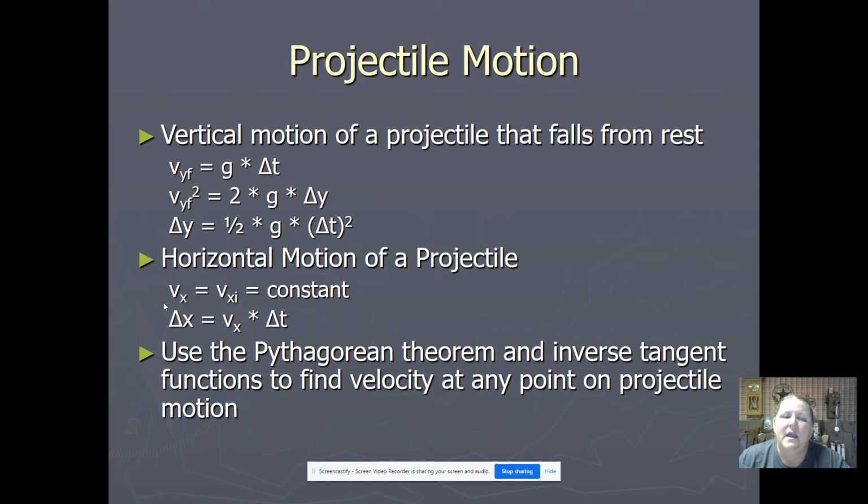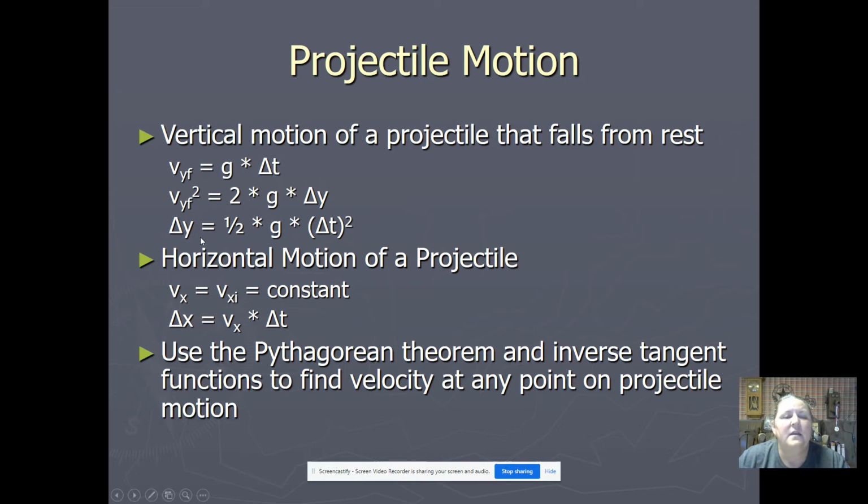Your horizontal velocity is going to be the same as the initial velocity at which it's thrown. If something is thrown at 2 meters a second, its horizontal velocity is going to be 2 meters per second.